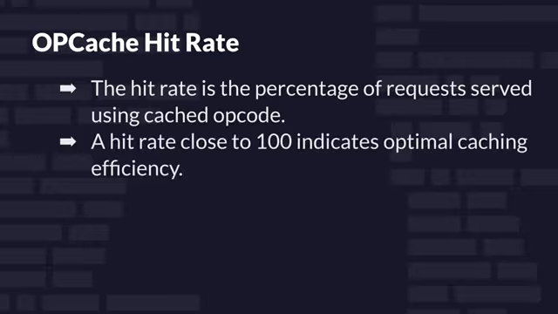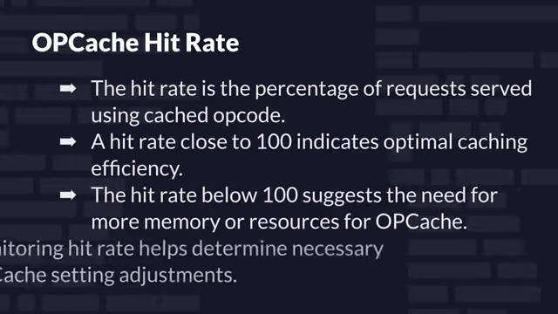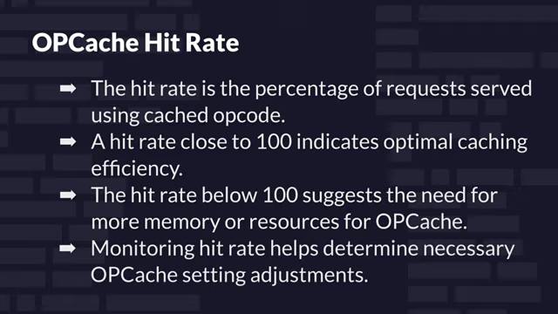A hit rate close to 100 indicates that the cache is functioning effectively and providing the desired performance benefits. Monitoring the hit rate can help identify if adjustments to opcache settings are necessary to improve its efficiency. The next section will explain how to adjust the memory allocation for opcache.